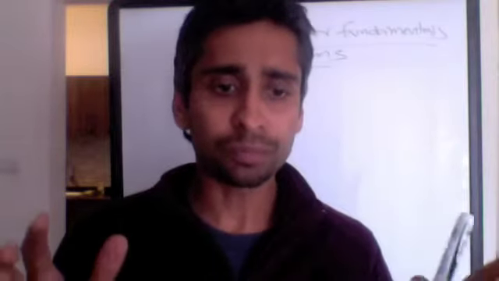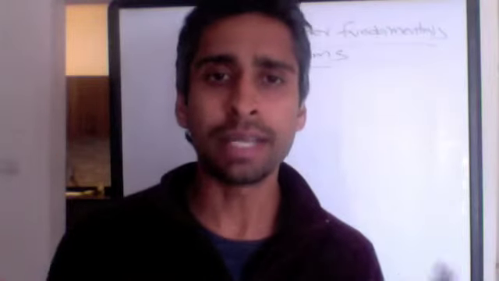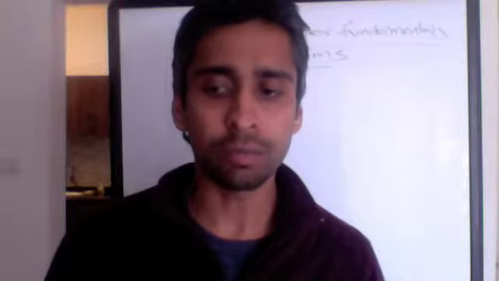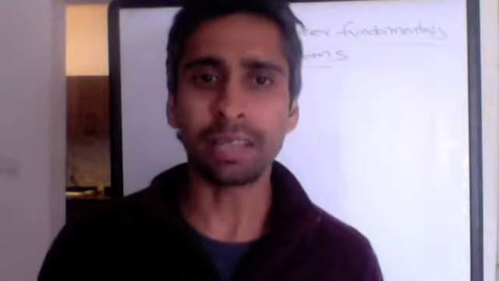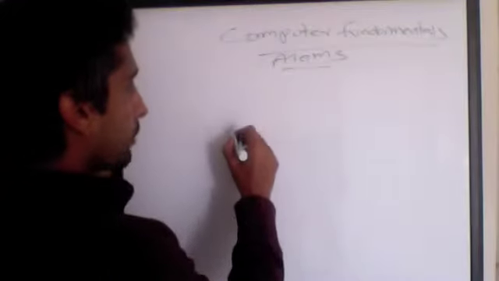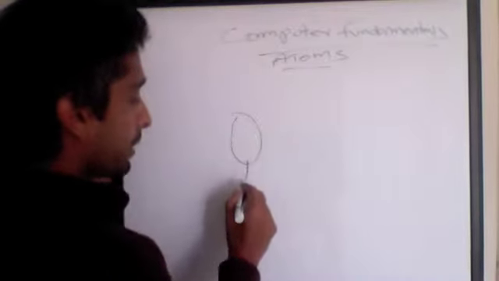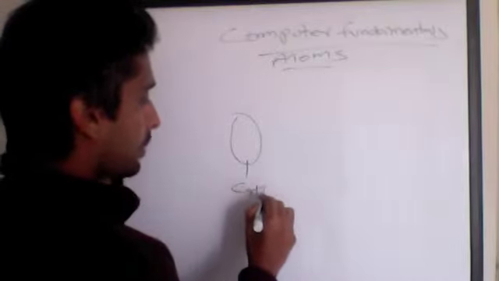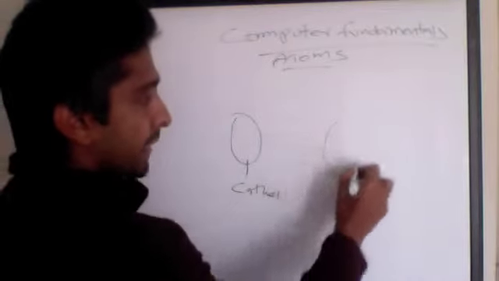So one of the things that the scientists were experimenting with was called the cathode ray tube. A cathode ray tube is nothing but a plate which is negatively charged, which we will call the cathode, and there is another plate, the anode.